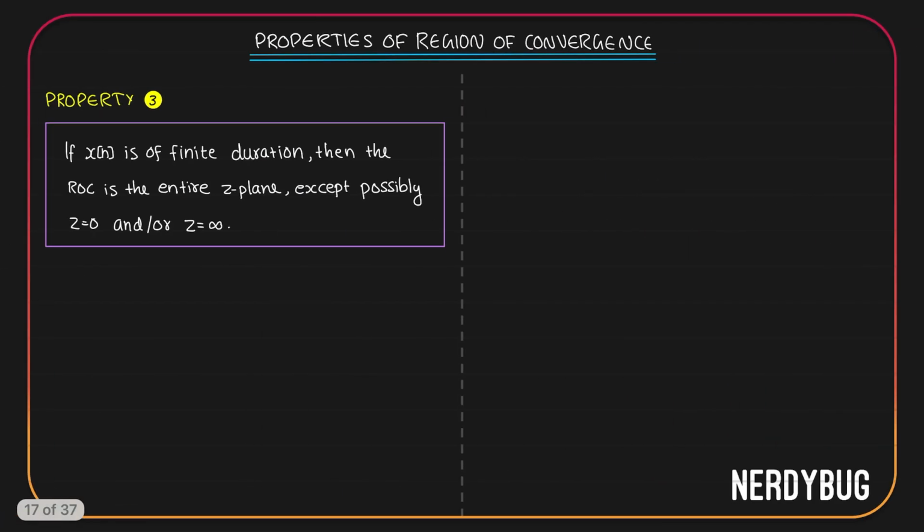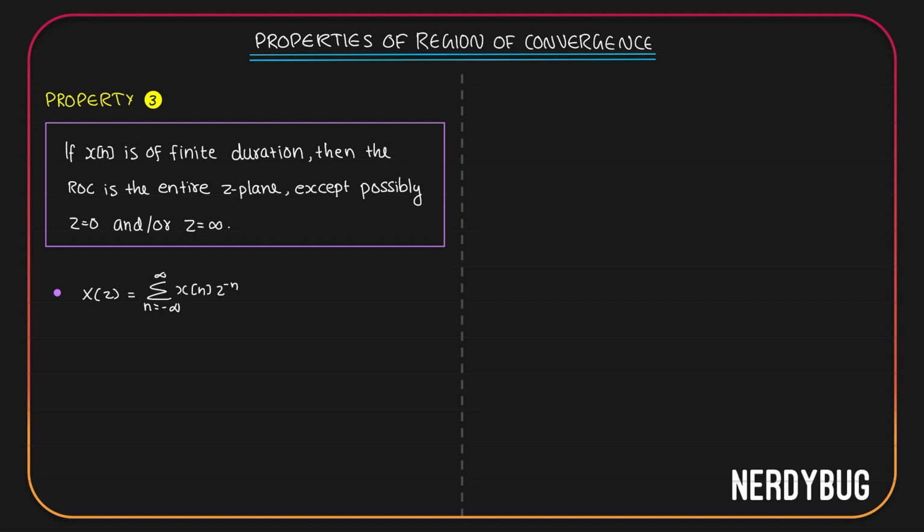The next property says if x(n) is of finite duration, then the ROC is the entire z-plane except possibly z equal to 0 and/or z equals infinity. We'll have to check for z equal to 0 and z equal to infinity. This is because we take X(z) to be the summation from n equals minus infinity to infinity of x(n)z^(−n).